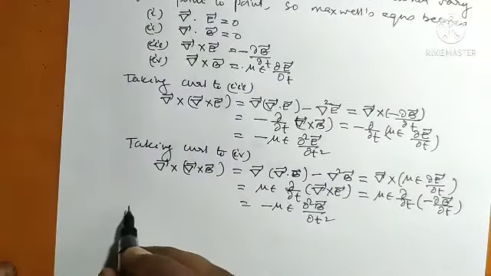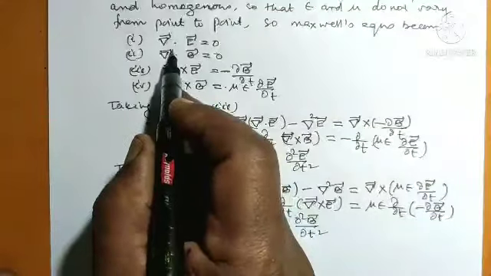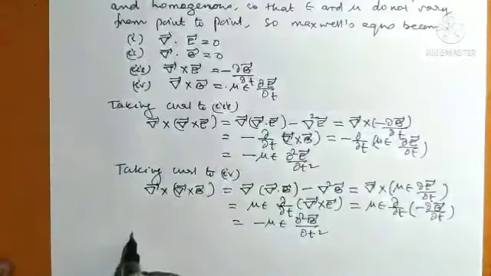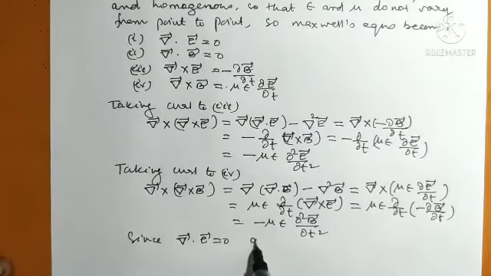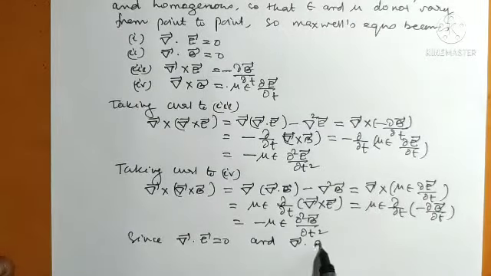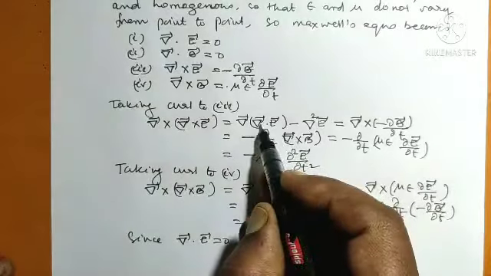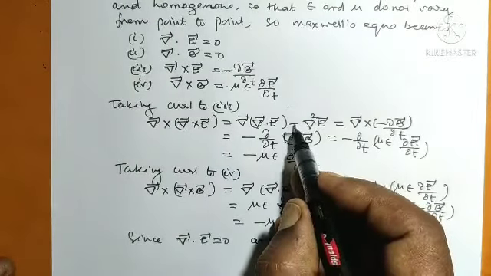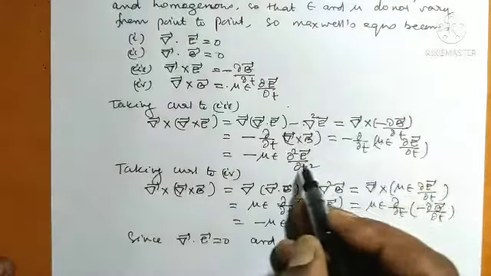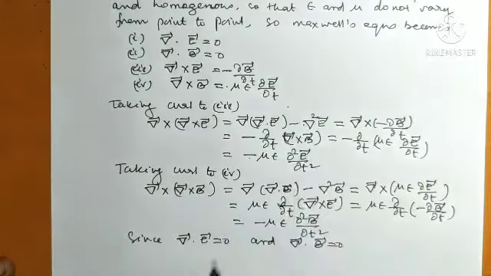Clear? Now we have div E equal to 0 and div B equal to 0. So here we put div E equal to 0, then the left term is minus del square E. Minus del square E is equal to minus mu epsilon del square E by del t square.